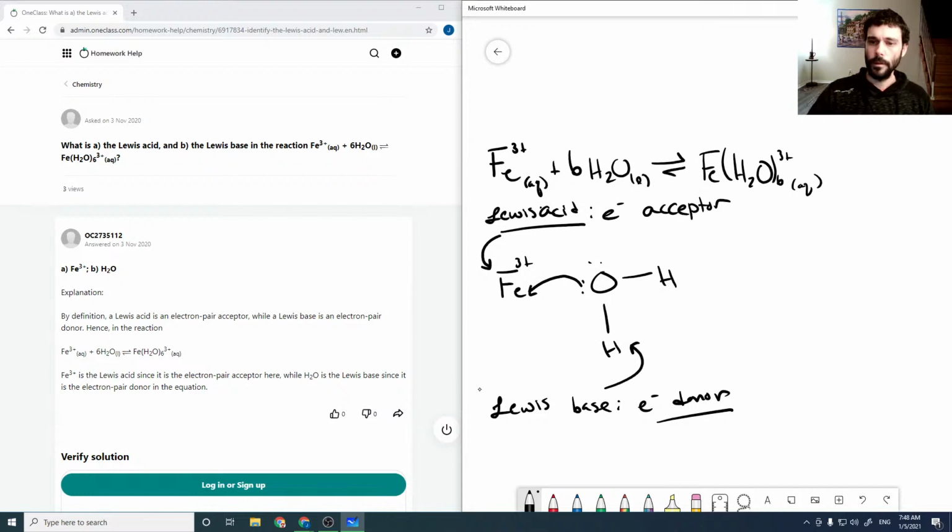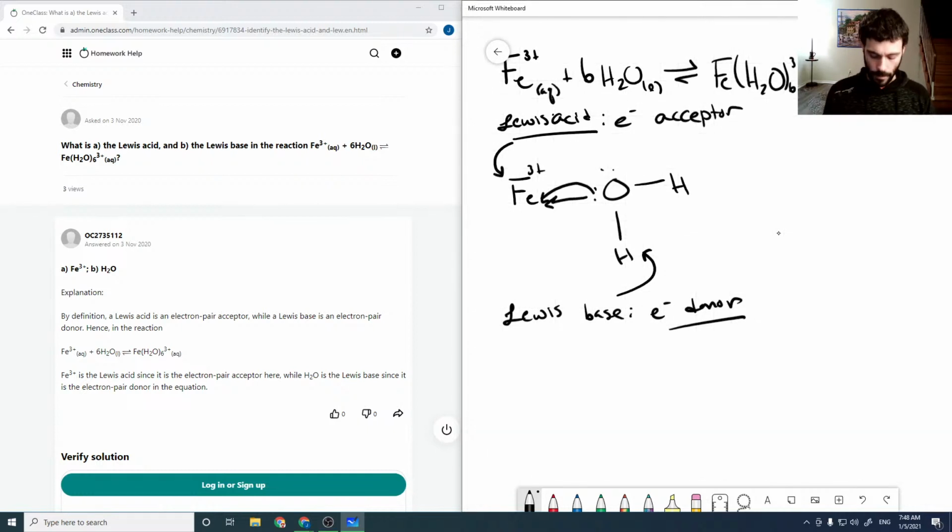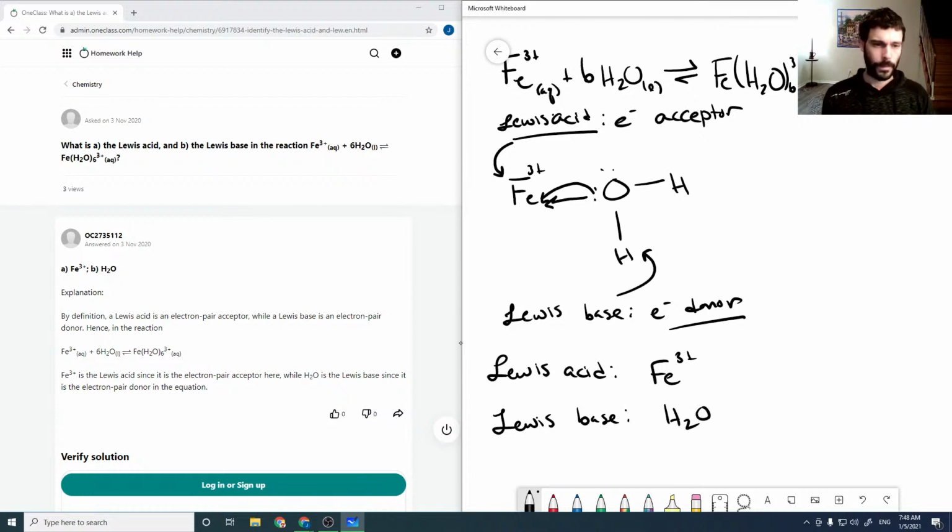Right, so the water is donating electron density to the iron to form bonds to the iron atom. So that makes our Lewis acid Fe3 plus and our Lewis base H2O.